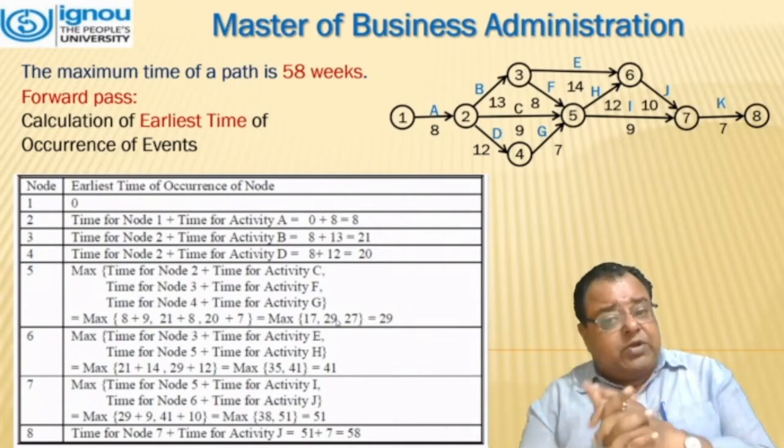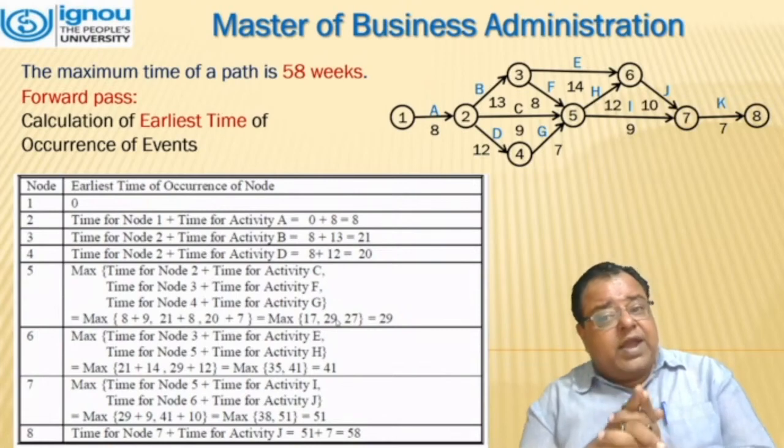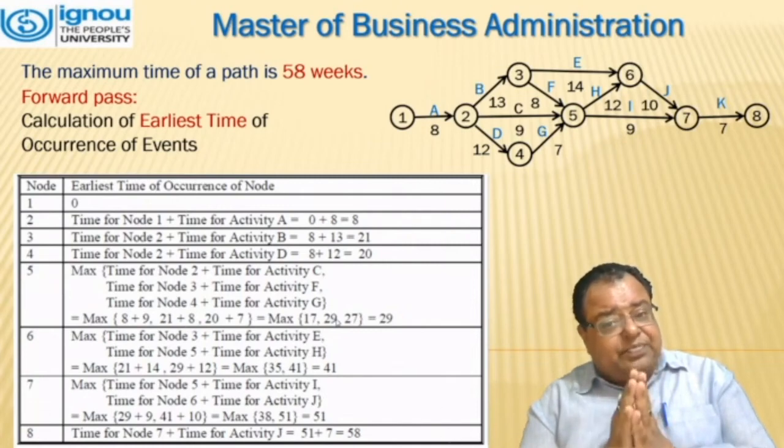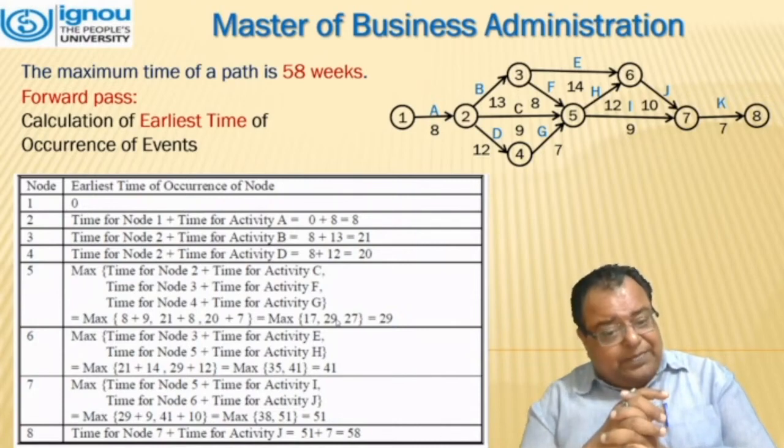That is 3 to 5, 2 to 5, and 4 to 5. So we have to calculate the time individually. That is 8 plus 9, 21 plus 8, and 20 plus 7. We have to take the maximum. That means on node 5, it is almost 29 weeks.